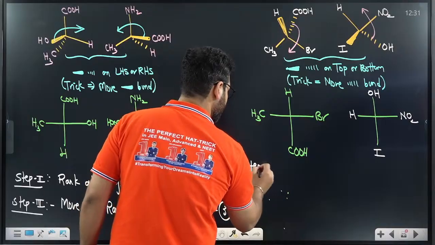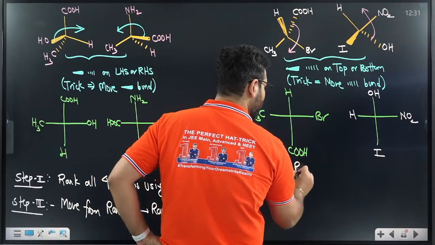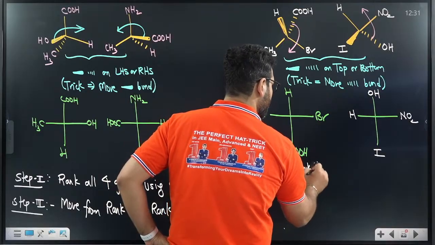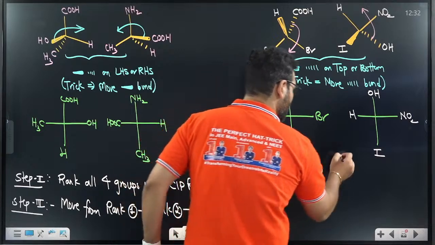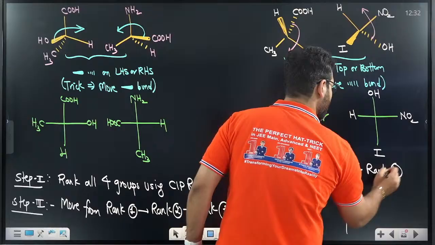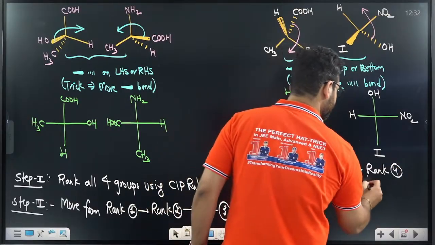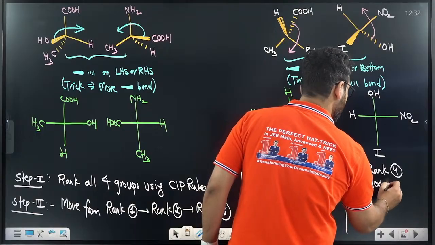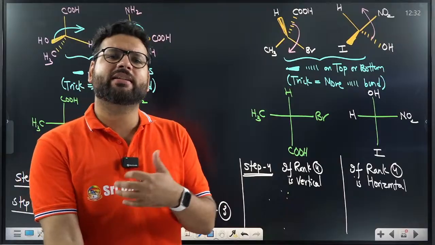Step 4. If rank 4 is vertical or if rank 4 is horizontal, when you are moving from 1 to 2 to 3, see where is rank 4.